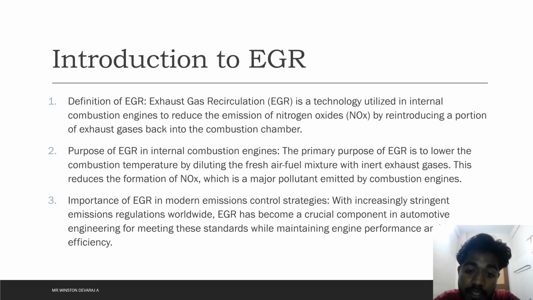So the combustion peak temperature can be optimally controlled by this recirculation method, because the exhaust will definitely have some amount of heat, or simply some energy, so we can extract the maximum amount of energy from the exhaust.